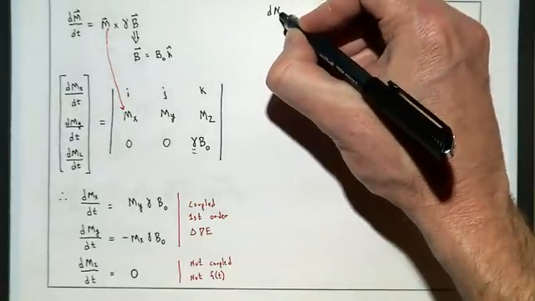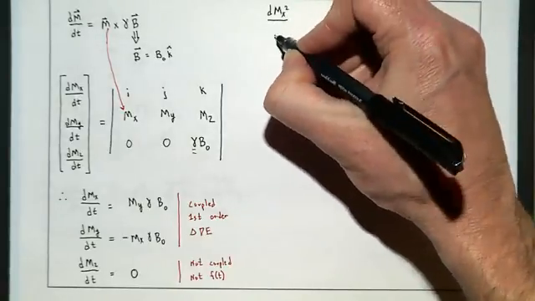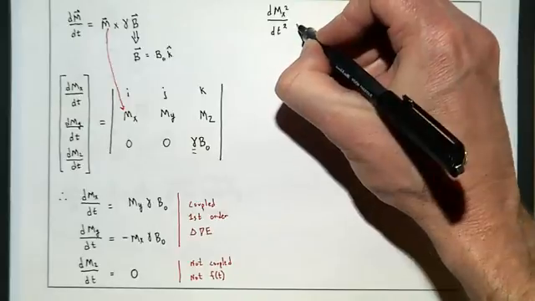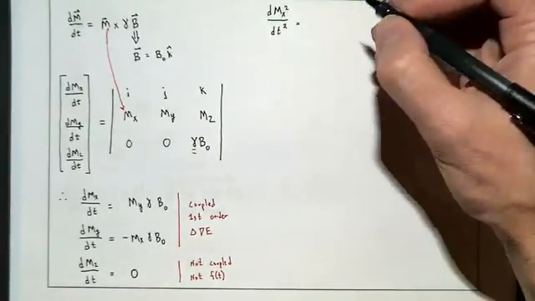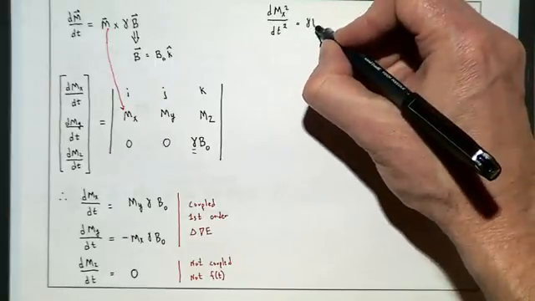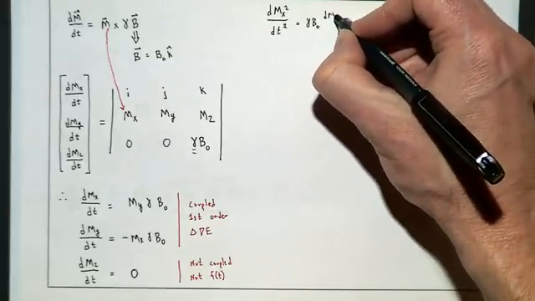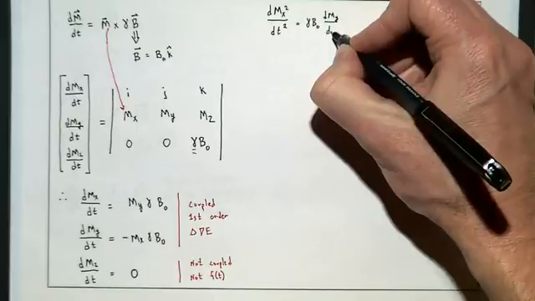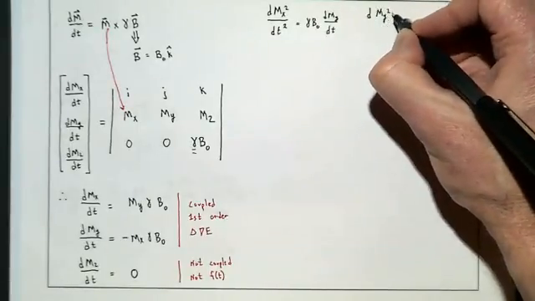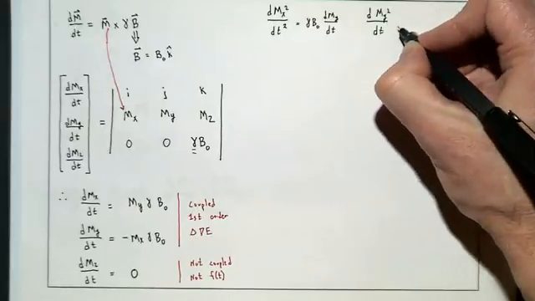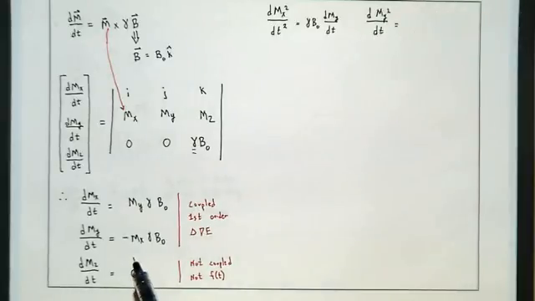That's pretty easily done. All I have to do is differentiate with respect to time. So I have d²mx/dt². The only thing that changes as a function of time is my. So I have gamma B0 dmy/dt. And similarly, I want to take d²my/dt². I'm going to take the time derivative of this expression here.